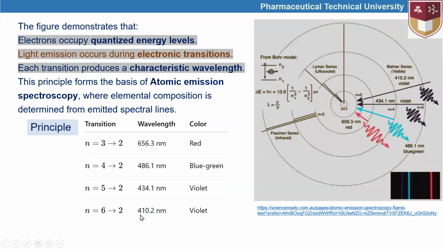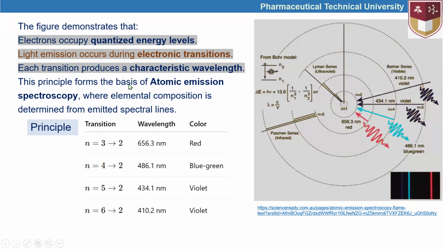And the one having a violet color is coming from a long distance, and causing the 410.2 nanometer wavelength, which holds this high photon energy level.